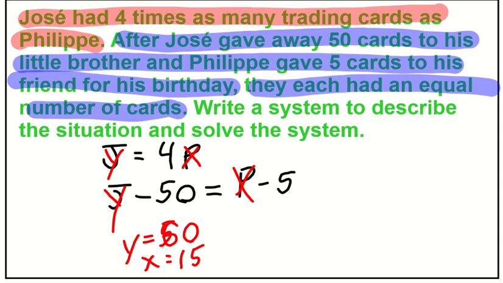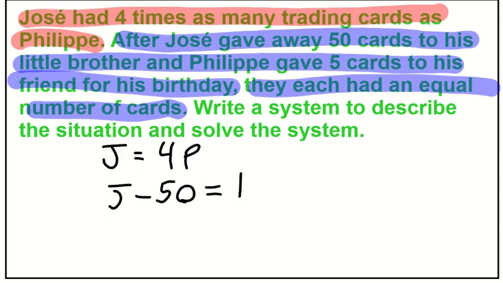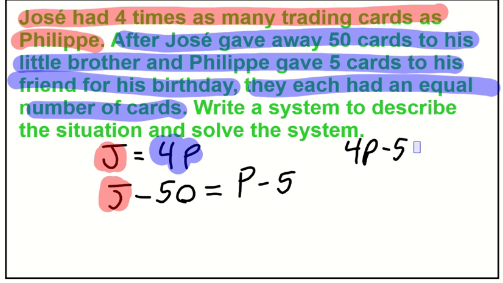All right, so let's say we did it without Desmos. What you want to do is we are going to take, in this case, substitution. So when I do that, that gives me 4P minus 50 equals P minus 5.